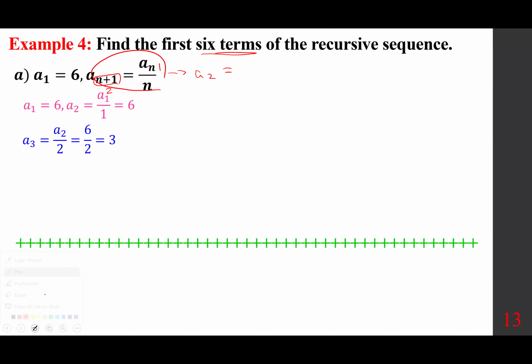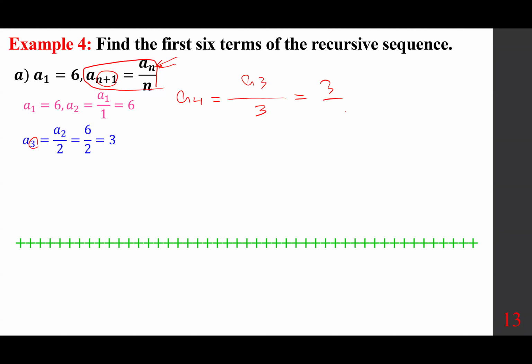Let me erase my work. According to this formula, if this is 3, this is 2, right? Or better yet, just choose this one to be 2 and this goes up. So if I want the next one, a sub 4, this must be a sub 3 over 3.